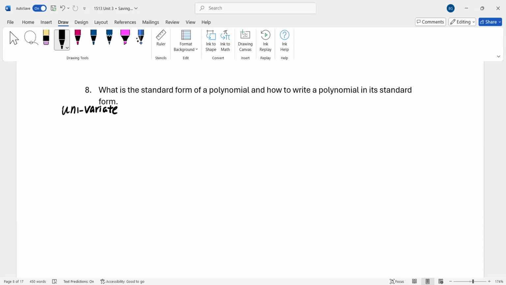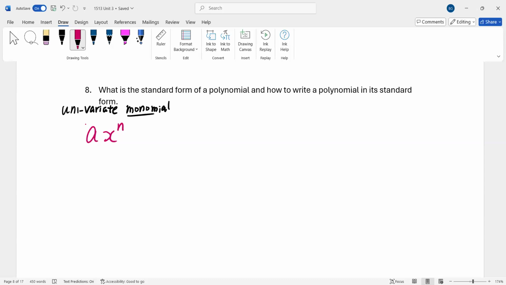In order to understand what a polynomial is, we need to understand what a monomial is. Mono means one, right? Let's see what a univariate monomial looks like. It looks like this. Anything that can be written in that form is a univariate monomial.